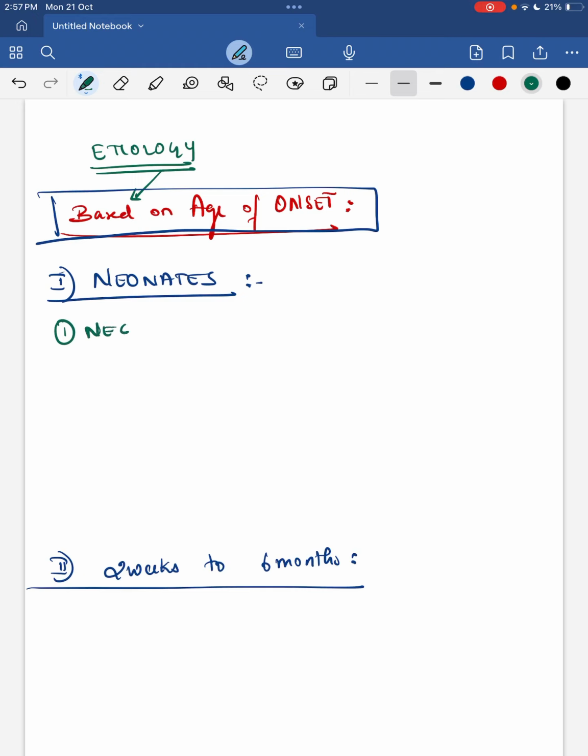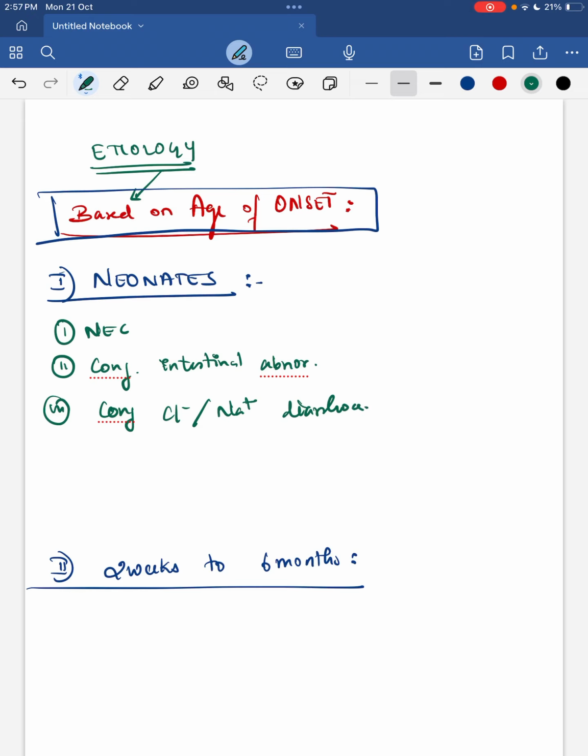First, necrotizing enterocolitis, or congenital intestinal abnormalities. Third, it can be congenital chloride or sodium diarrhea because of the transport failure. Fourth, it can be due to short bowel syndrome.